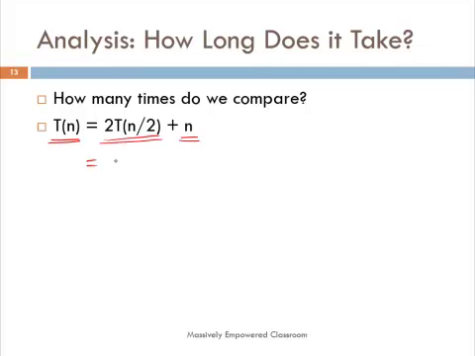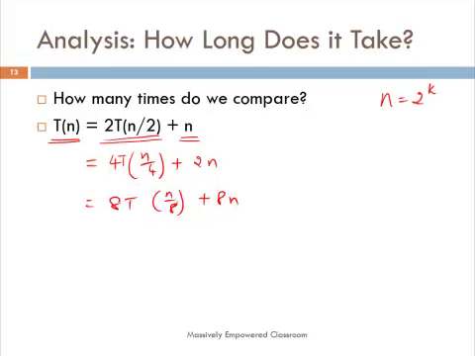So if we apply our substitution method as usual, this becomes 4T(n/4) plus 2n, 8T(n/8) plus 3n, and as usual, if n is a power of 2, in the end you get n T(1) plus k into n.